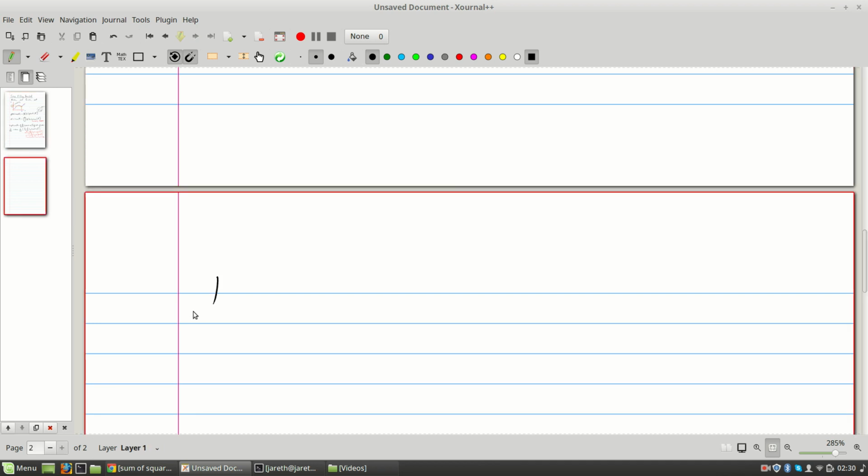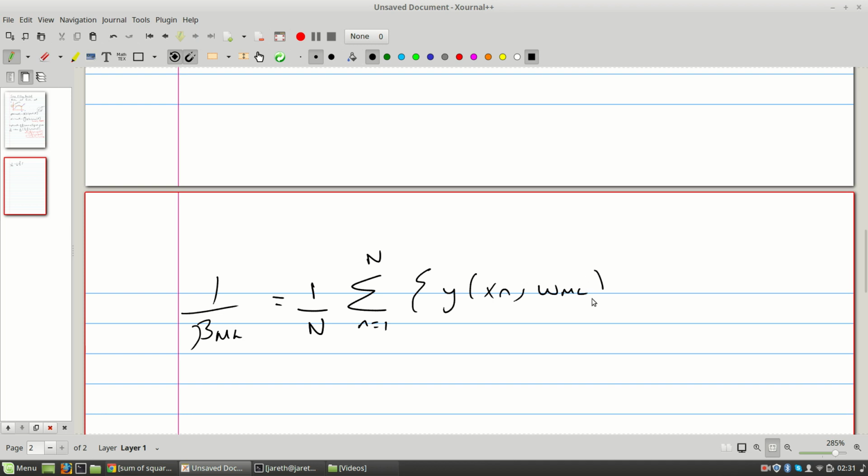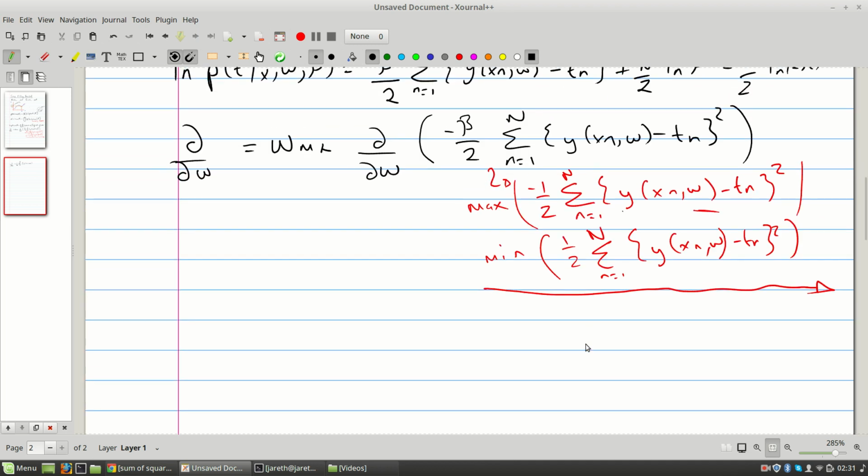I'm just going to show what the output is. Ultimately we end up with 1 over beta ML, maximum likelihood here, being equal to 1 over N, the summation from n equals 1 up to N of y(xn, wML) minus tn squared, where wML, how do we find it?